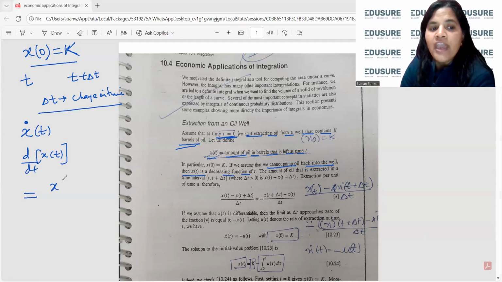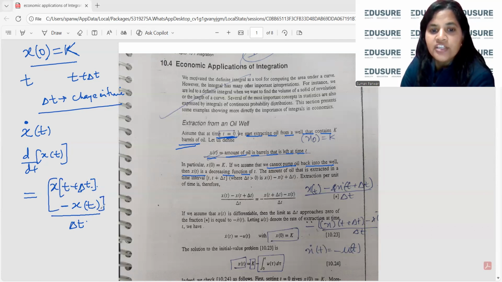So you should have x at time t plus delta t, which is the final amount, minus x(t), and the change in time is delta t. So this is x(t plus delta t) minus x(t), divided by delta t.